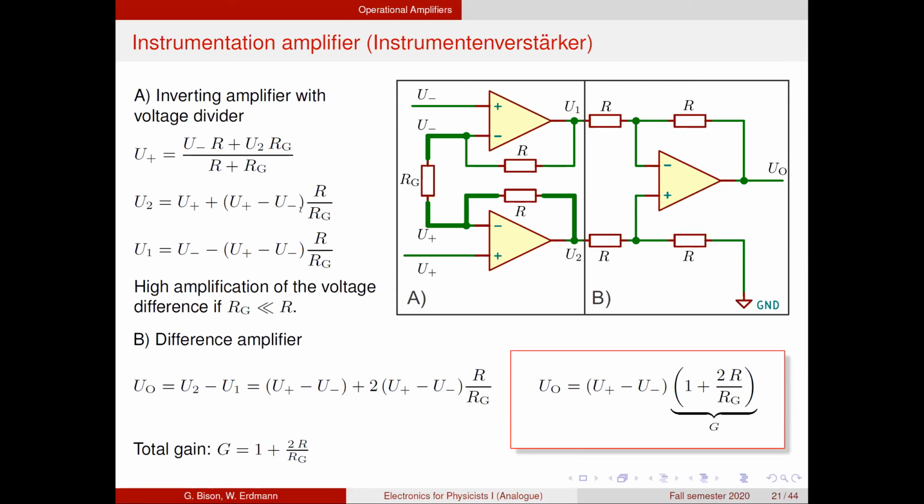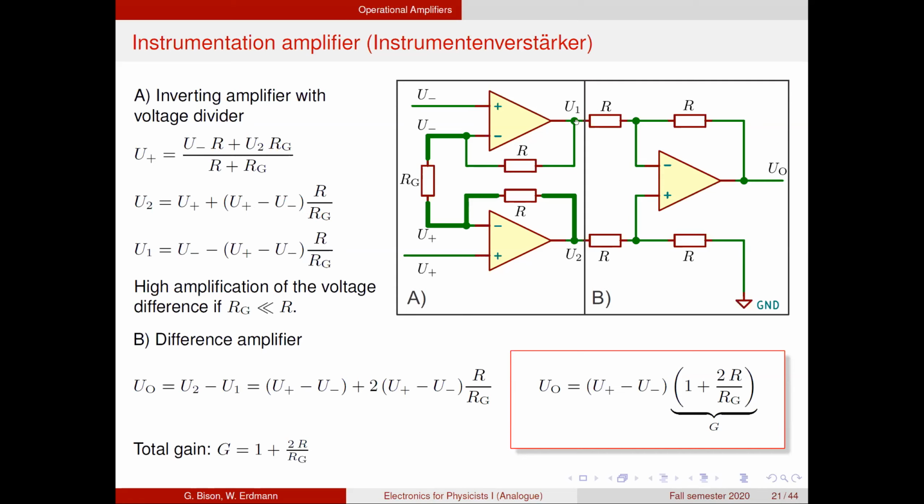Okay, now we can do the exact same thing mirrored for voltage 1, and we find this is a copy of the minus input voltage, and then subtracted also the difference between the two input voltages scaled by the same gain factor. So this gives us the two voltages here and here.